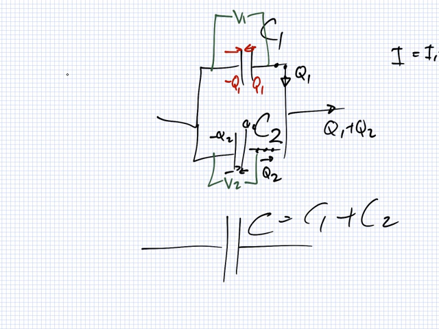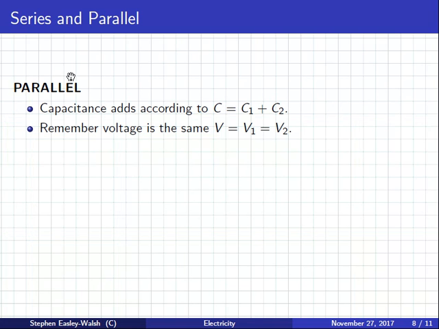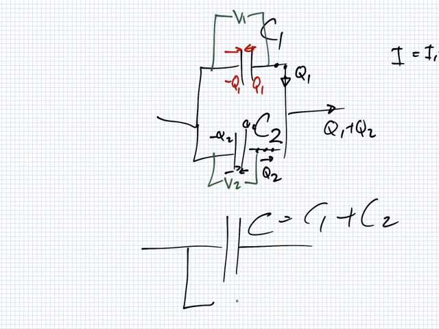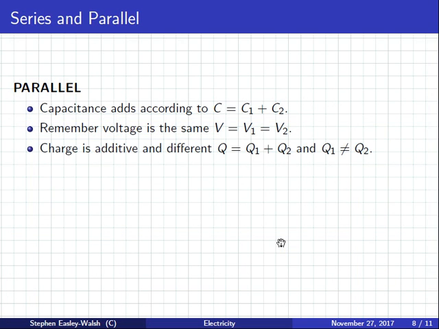So that means in this picture here, this voltage is the same as V1 and V2. Why? Because they're in parallel, and that's how voltage behaves. And you know this as well, that the charge adds. You add the charge together. But you kind of knew that because it's like the current.